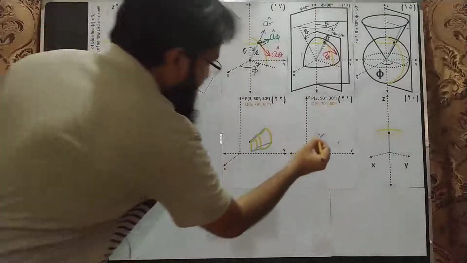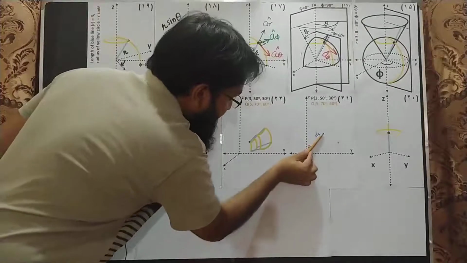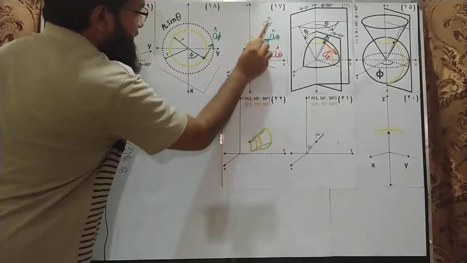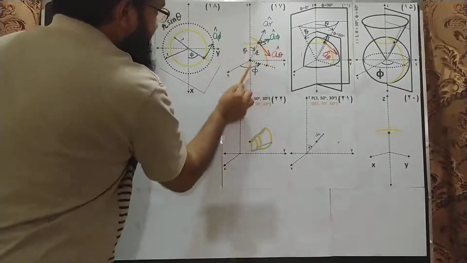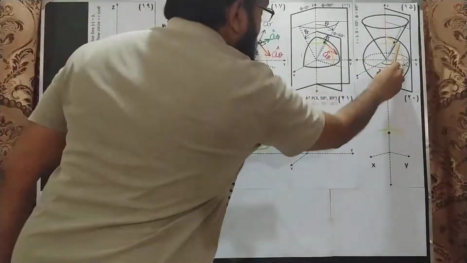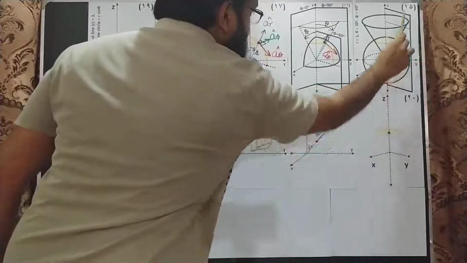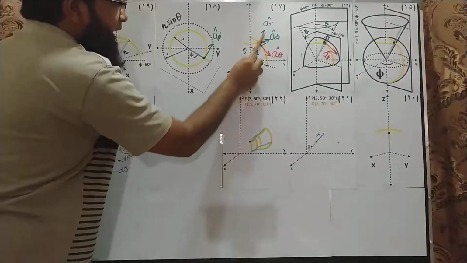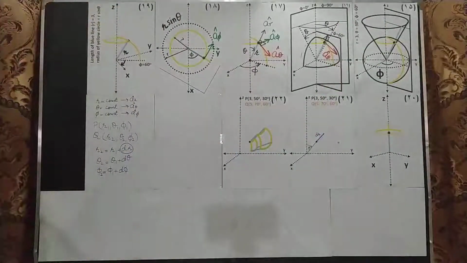Now I have reached this point. Since I have moved along the radial line, along this blue line, I was moving in the direction of aR, and this radial line is nothing but the intersection of the theta equals constant cone and phi equals constant cone. It means that moving along this radial line only changes the value of r, and does not change the value of theta or phi.